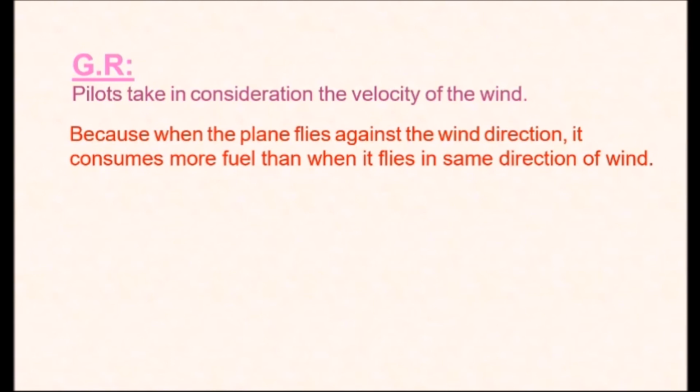This air resistance will try to decrease the speed of the plane, so the pilot needs to use more fuel to keep the speed of the plane constant. And so it takes more time to reach the end of the trip. That was the last part in our lesson.